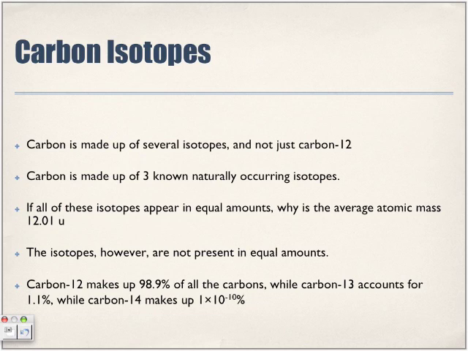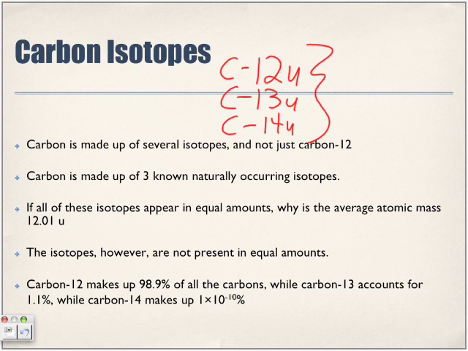Because if we look at the different carbons, we have carbon-12, we have carbon-13, and we have carbon-14. If you were to find the average of all 3 of these atomic masses, what would it be? 13, right?